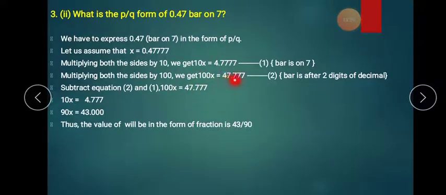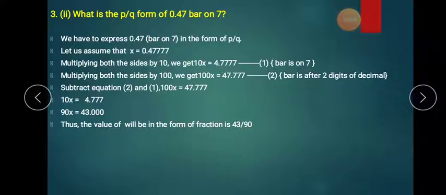If you subtract both these numbers, you will get 43.000. After the decimal, zeros are there, so we can neglect it, or we can directly write 43. So 90x equal to 43. So we can say x equal to 43 divided by 90.